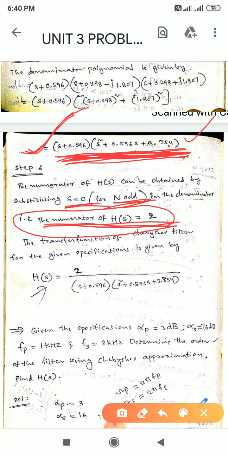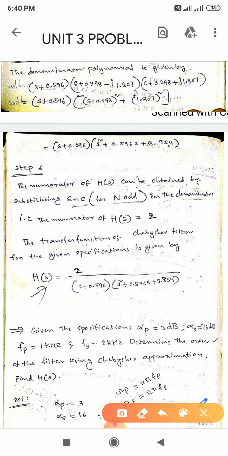After determining the numerator polynomial, we write the transfer function of the Chebyshev filter. How do we express it? The numerator polynomial divided by the denominator polynomial.